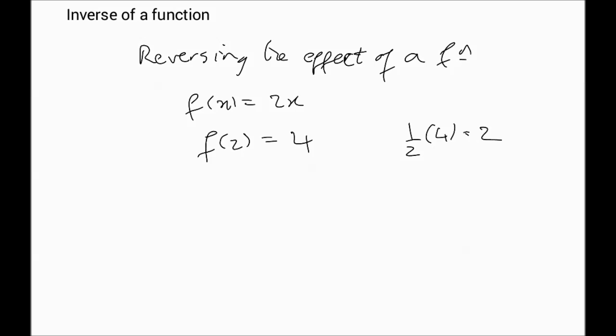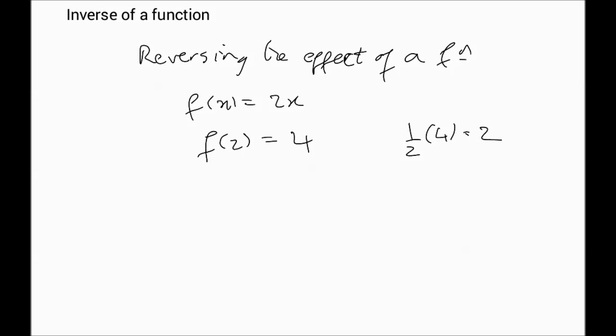If we look at it from an input-output perspective, you gave it an input and it gave you an output. Now, what if you had the output and you wanted to know what the original input was? That's the basics of reverse engineering: you take the output and try to figure out what input gave you that output. That's the basic idea of the inverse of a function.